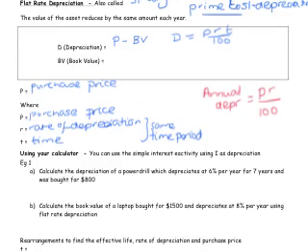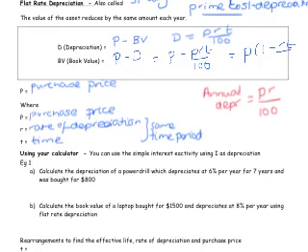Now book value is the purchase price minus the depreciation. So it's purchase price minus depreciation, which we saw there can be written as the purchase price minus PRT on 100. If you wanted to, we can rearrange that to factorise it to make P times 1 minus RT on 100.